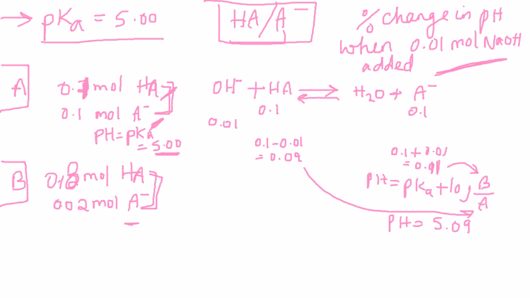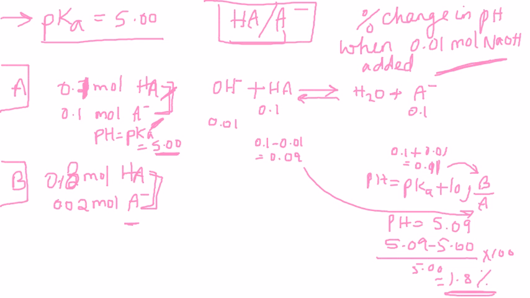So the change is 5.09 minus 5.00, divided by the true value, which is 5.00, times 100. It's a very negligible amount of change, and as I'm plugging into my calculator, I'm getting a number of 1.8%.